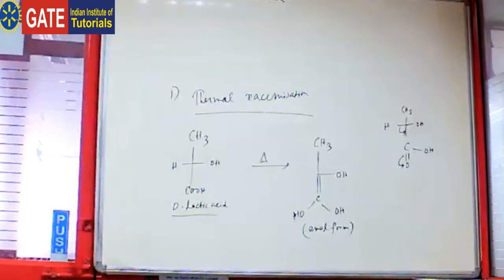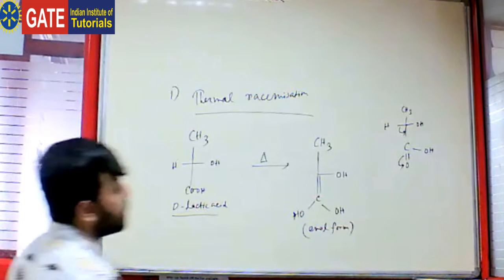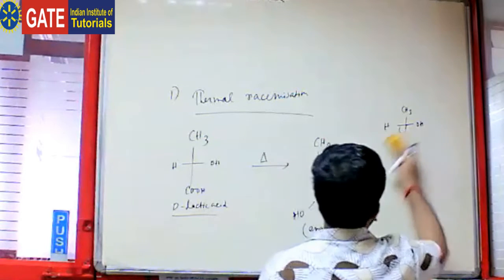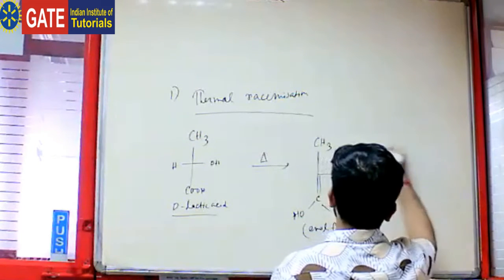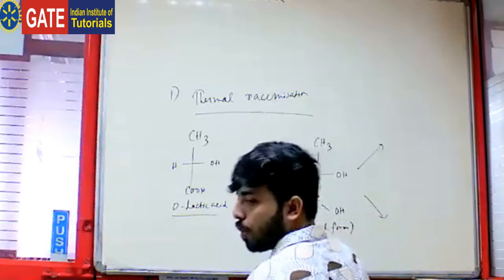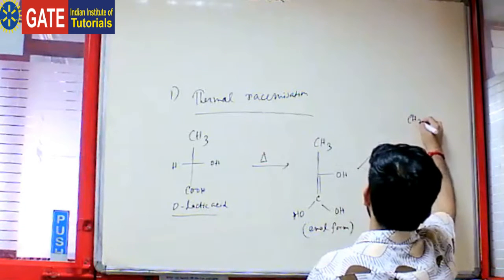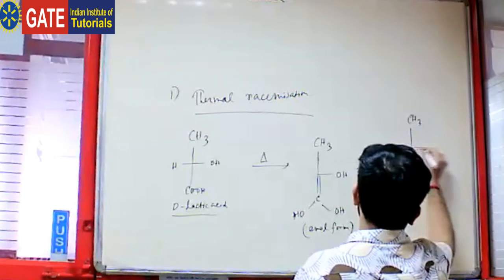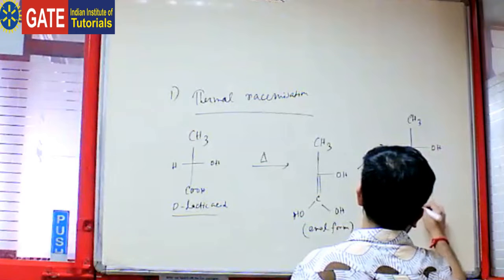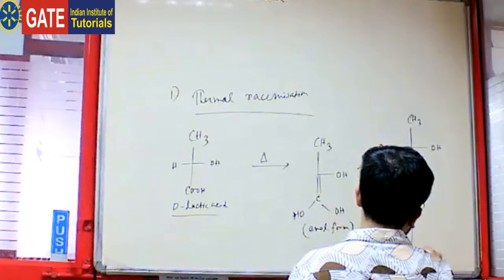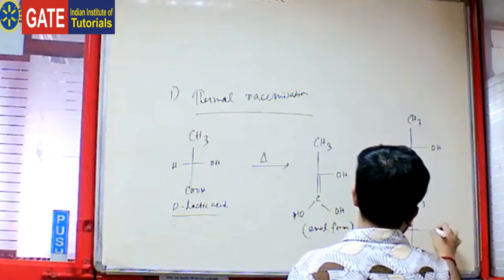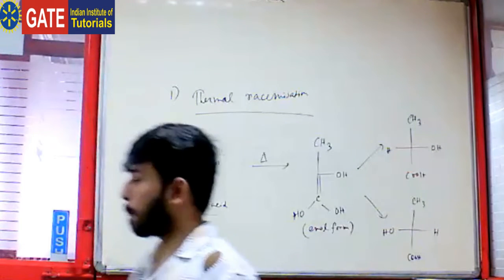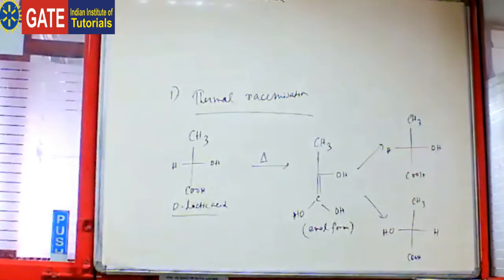From there, you can separate. If you are heating, you will ultimately get it again. From there two molecules are possible. Clear? So generally, one is D-lactic acid and one is L-lactic acid.